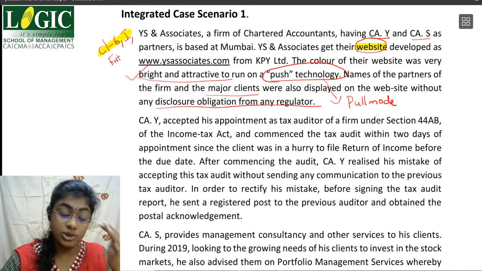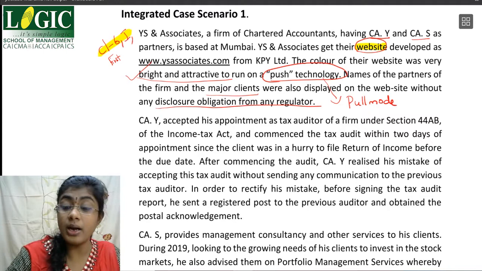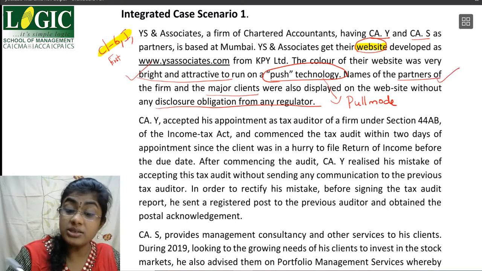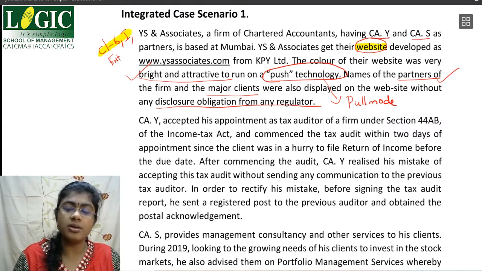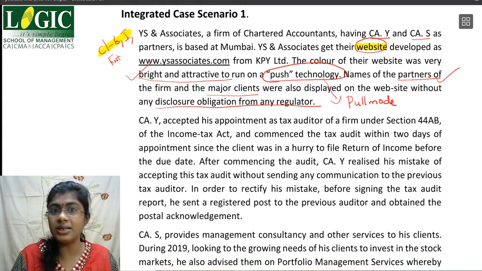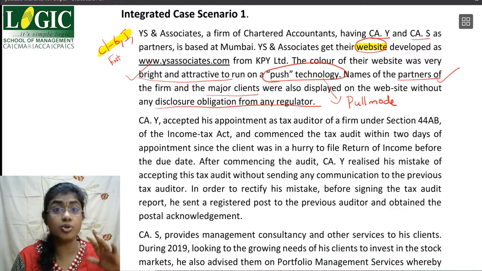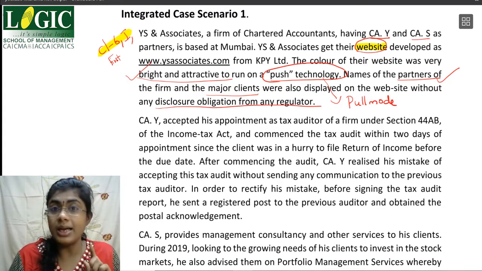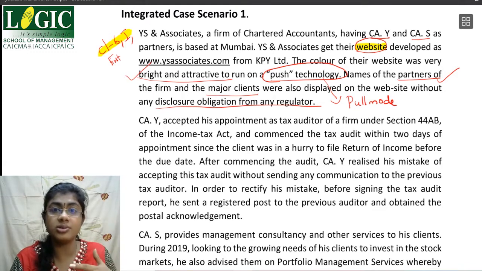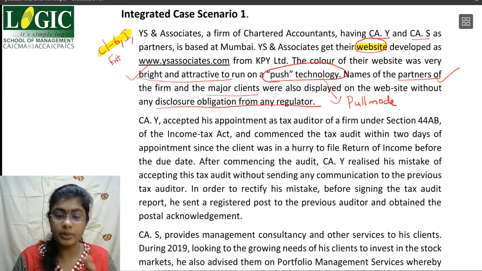Now the next issue is names of partners of the firm. It's allowed. Major clients were also displayed. Is that right? No. As per the guidelines issued with respect to the website, clients' names are allowed provided you have that disclosure obligation from the regulator.